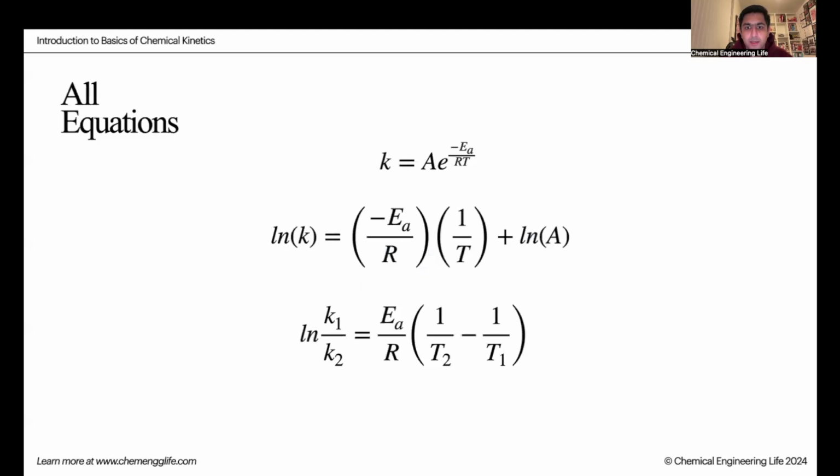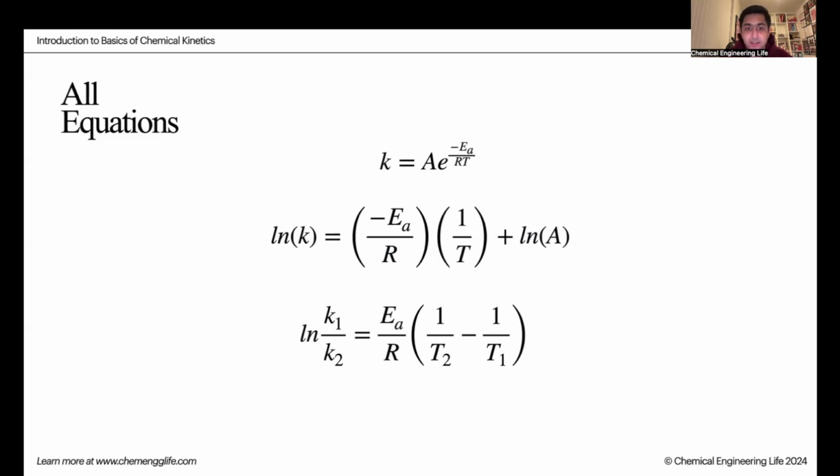So regarding the activation energy and the Arrhenius equation, you can make use of these 3 expressions. The first one is the very basic Arrhenius expression. If you take the natural logarithm of the first one to get rid of the natural e value, then you get the second one. But if you integrate it instead, then you end up getting the third one. All 3 of them can be used, depending on what information you have in hand.